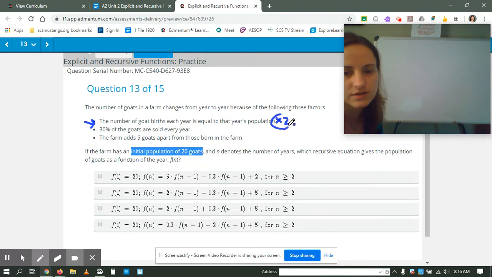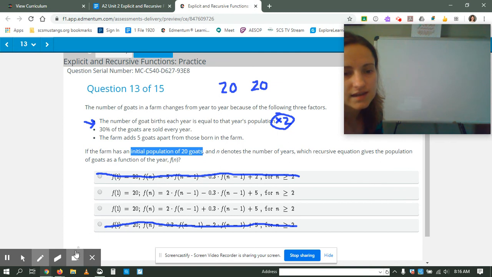So it's going to effectively double, because if the population is 20 goats and the number of goat births is equal, they would have 20 born. So your population is doubling. That would be a common ratio of 2. So that allows us to eliminate those 2. So 2 times the year that you had before.